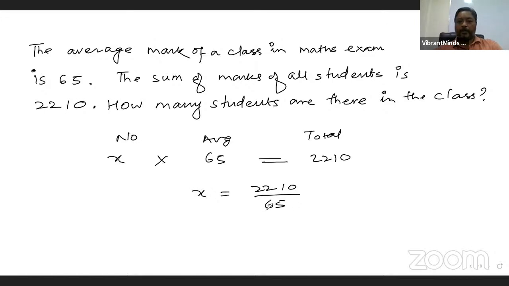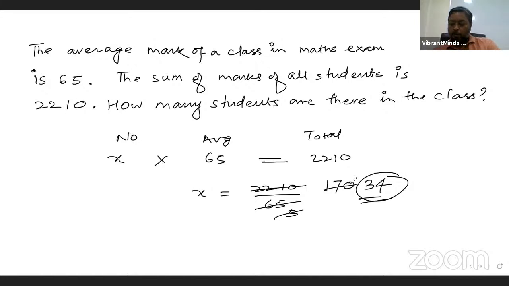Let's do it. 13 5s are 65, 13 ones are 13. We have 9 and 1, 91. 13 7s are 91, and then we have a 0. 5 again, 34. So how many students? 34. Is it clear, guys?